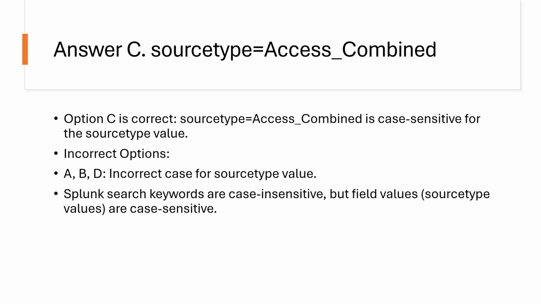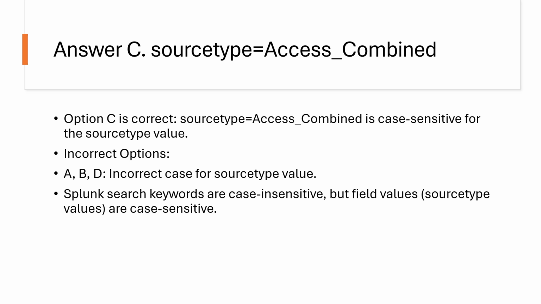Option B is also wrong for the same reason. It's using a capital S, which is fine, but it is still looking for a lowercase access_combined, which does not match. Option D is wrong for the same reason as A. The command case is fine, but the value is incorrect.